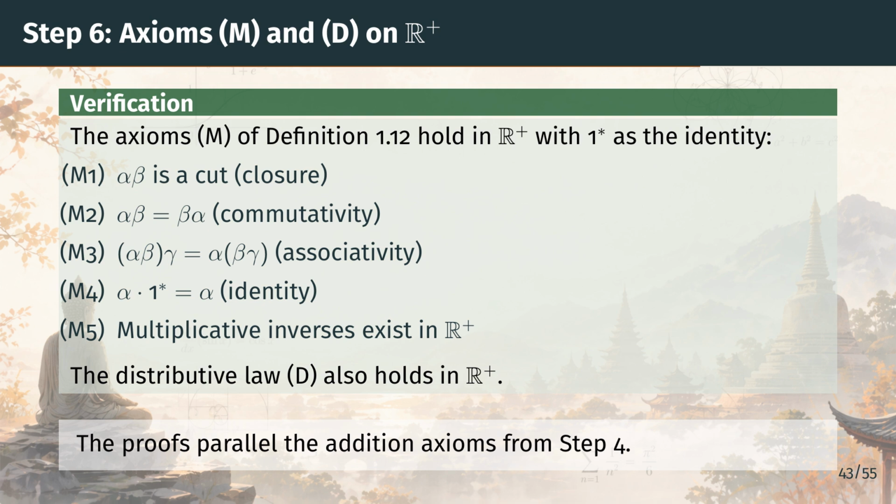You have to invert the boundary point of alpha across 1 rather than across 0, and the same buffer trick from the additive inverse reappears. If you sit down to do the work yourself, expect the inverse axiom to be harder than all the others combined, the same way it was for addition.